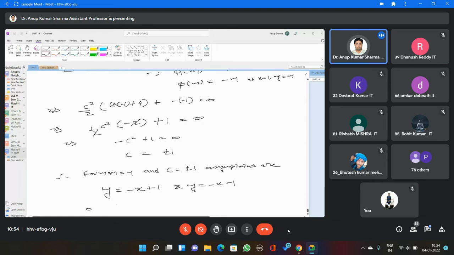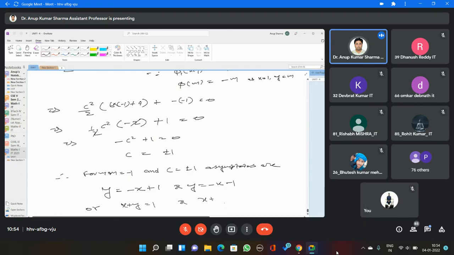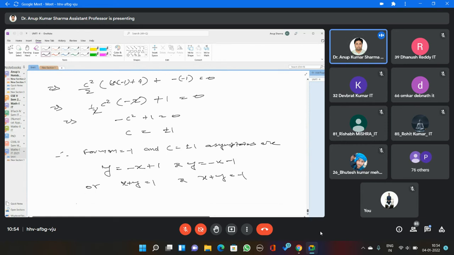Or you can write these as x plus y is equal to 1 and x plus y is equal to minus 1.